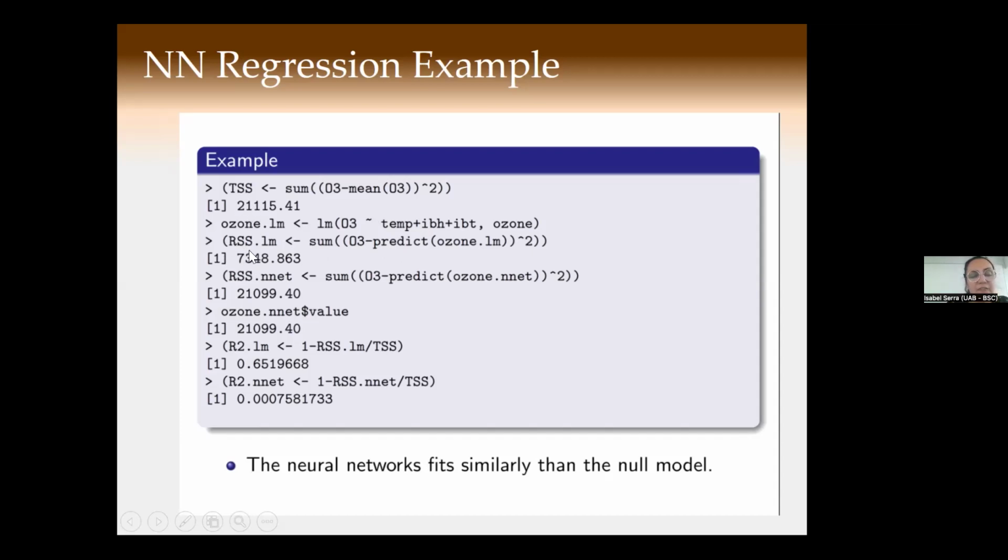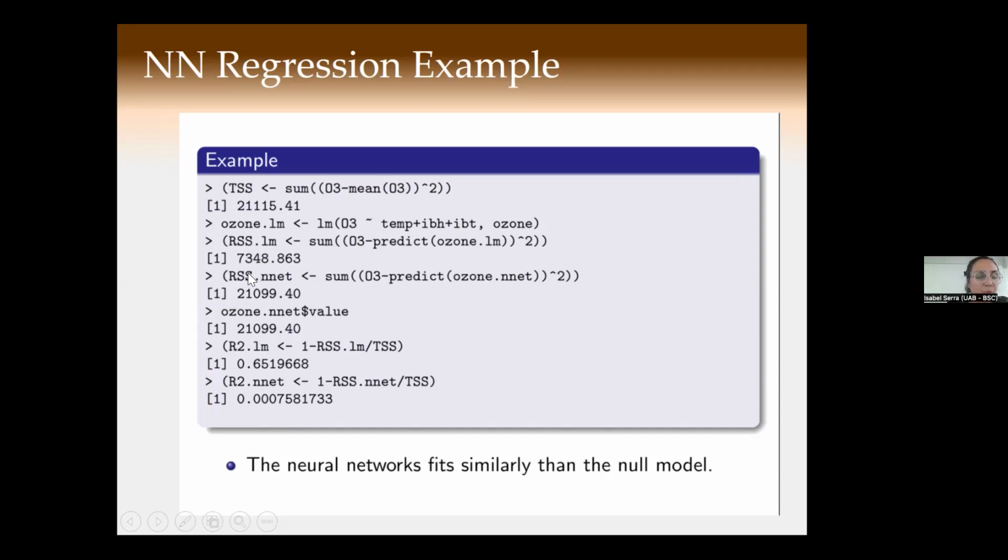So you can explain the total variability of ozone using the linear model. You can explain more than, I don't know, 50 percent, because the difference between this one and this one is what you can explain using the linear model and this information.